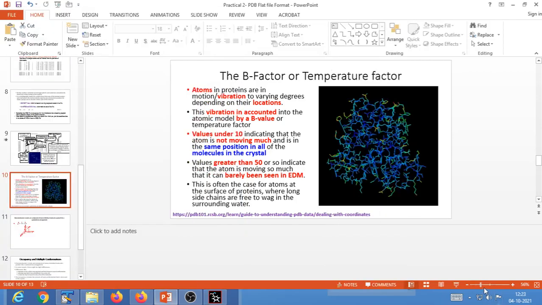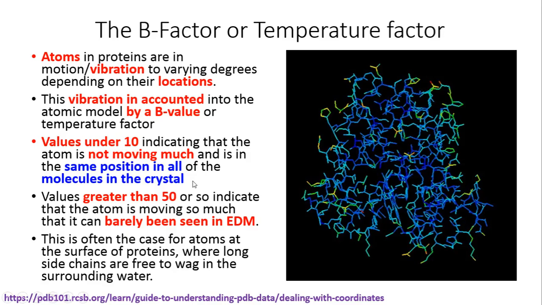So depending on where your atom is located in your protein molecule, it might show varying degrees of freedom, or varying degrees of motion. Usually the atoms in the core of your protein have a lower degree of motion, while the atoms on the surface of your protein show a higher degree of motion.